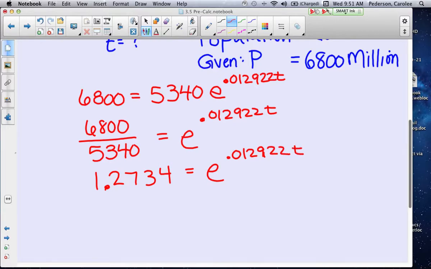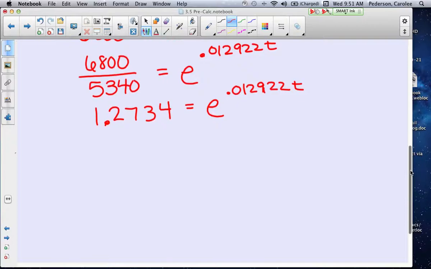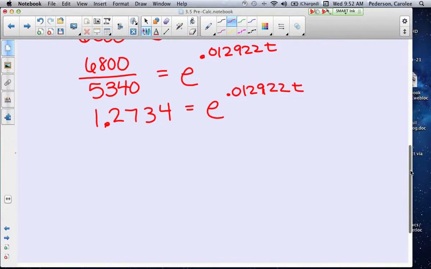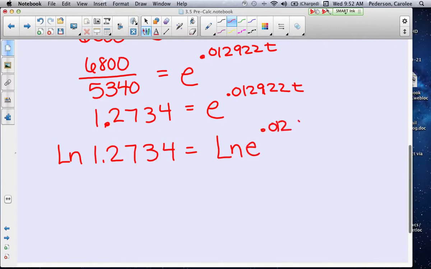All right, then we have that E isolated by itself on the right. We learned that we can remove that E by taking the natural log, the inverse of it. I have to do both sides. The natural log of 1.2734 equals the natural log of E to that exponent. What is going to happen to that right side? It's going to cancel out, and we're left with just that decimal. It's not an exponent anymore.